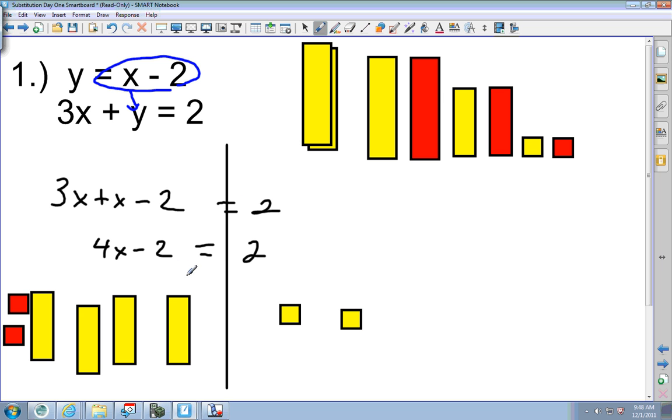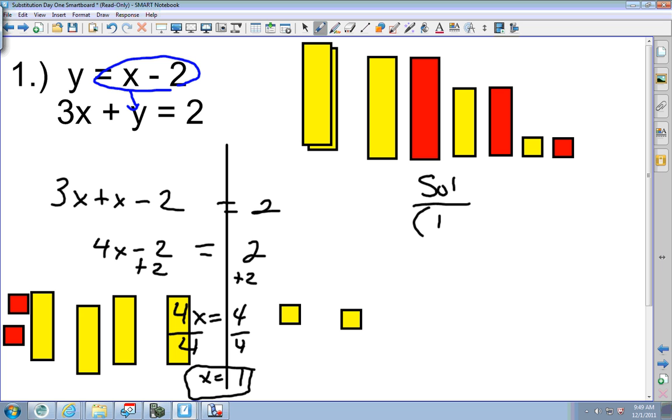From here, we should be able to solve for x. Add 2 to each side. 4x equals 4. Divide by 4. What does x equal? X equals 1. I have part of my answer, which is 1.